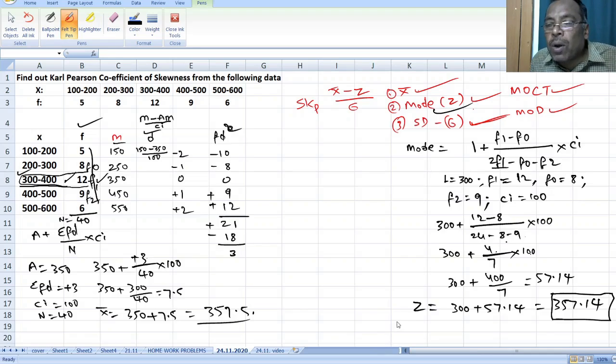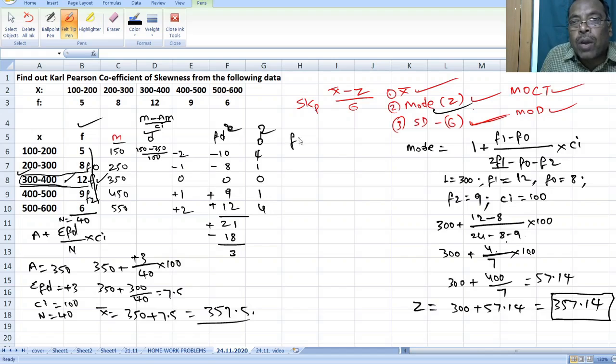Now we are going to find the standard deviation. To find the standard deviation, you have to square the deviations. So let me keep d square: 2 twos are 4, 1 one is 1, 0, 1 one is 1, 2 twos are 4. Now you have to multiply d square with f.